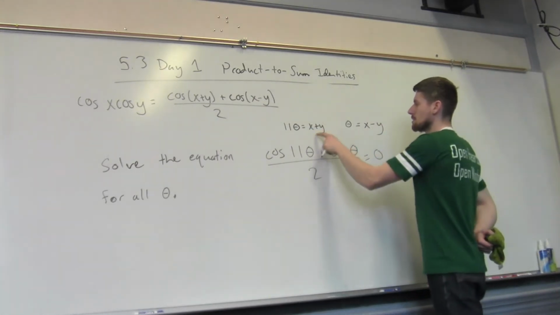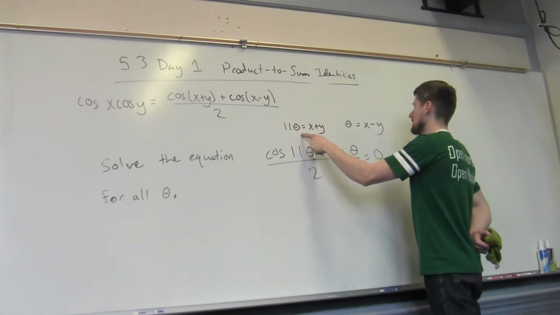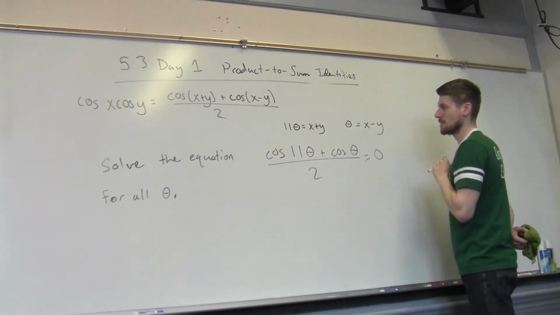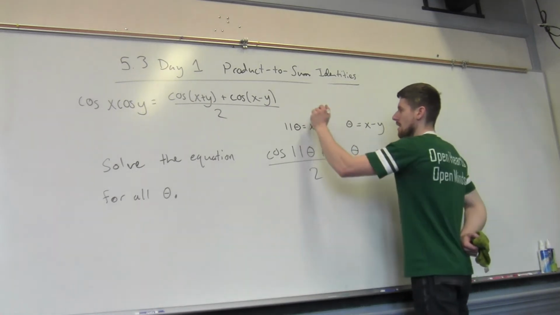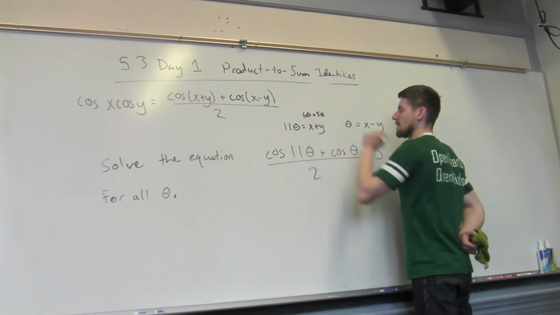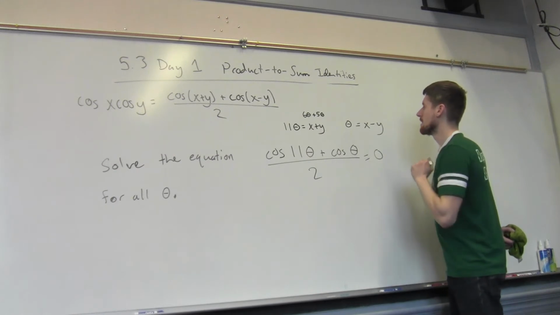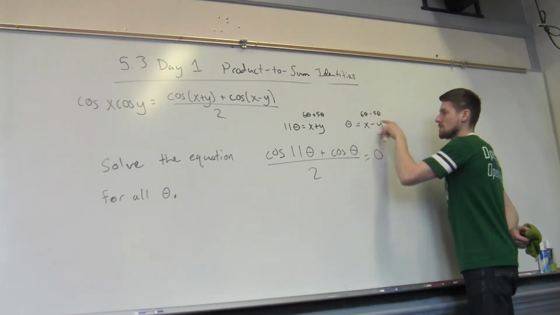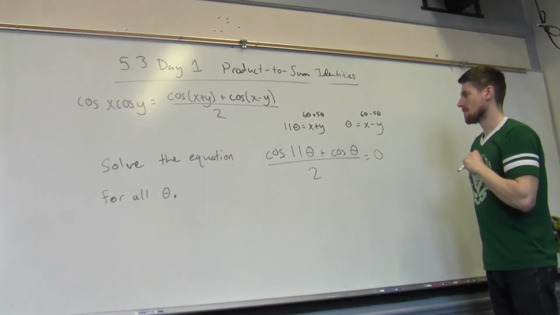So what two numbers will add to 11 but subtract to be 1? If I think about this a little bit, it won't take too long to come up with these numbers. 6 theta and 5 theta would add up to 11 theta, and 6 theta minus 5 theta would subtract to be 1 theta.